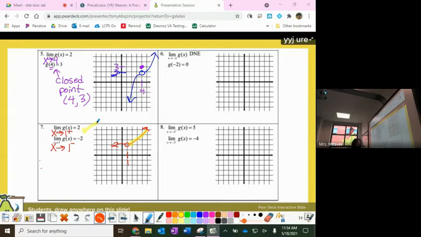As we approach from the left, it needs to be going to -2. And you can do any kind of a shape that you want there. Bonus question, can you tell me what's the limit as x approaches 1 of g of x?